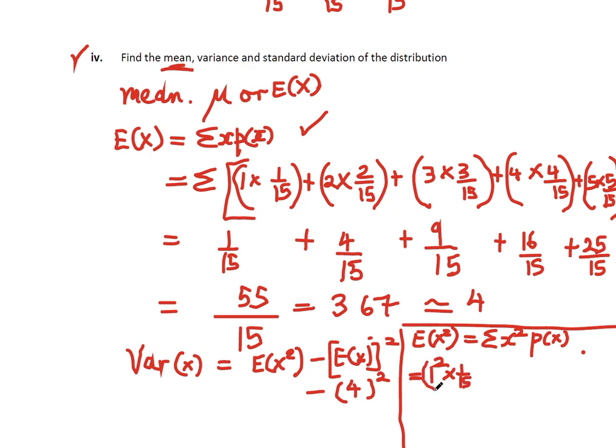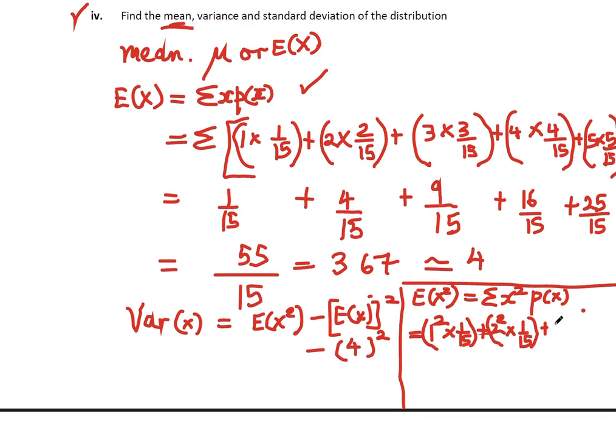Then we're going to say plus 2 squared multiplied by 2 over 15. Then plus 3 squared multiplied by 3 over 15, which is the probability associated with 3. As you realize here, all we're doing is squaring the x values and multiplying by the associated probability.